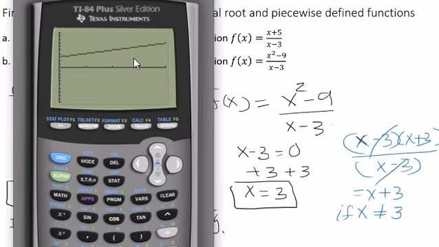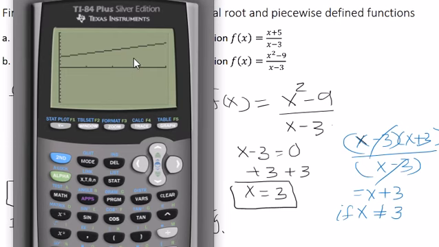This one, you're going to find the points of discontinuity of the function f of x equals square root of 2x minus 5. So part A is f of x equals square root of 2x minus 5.